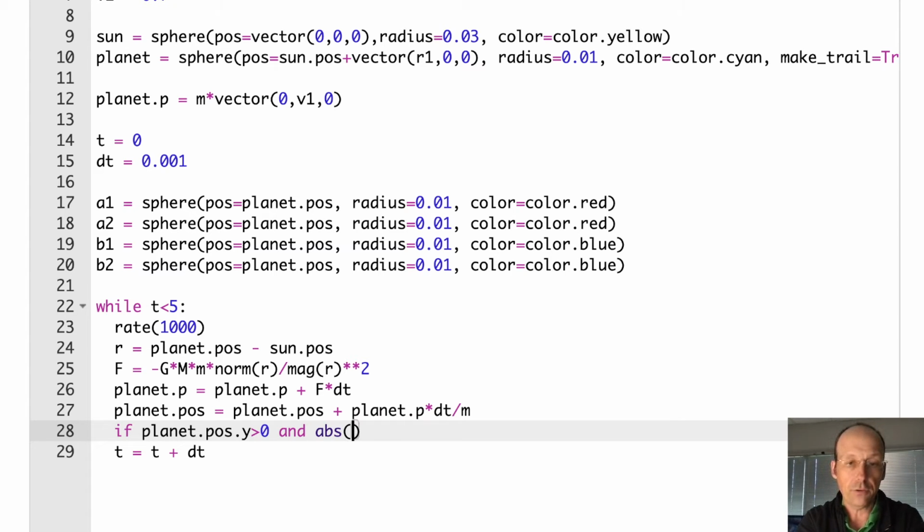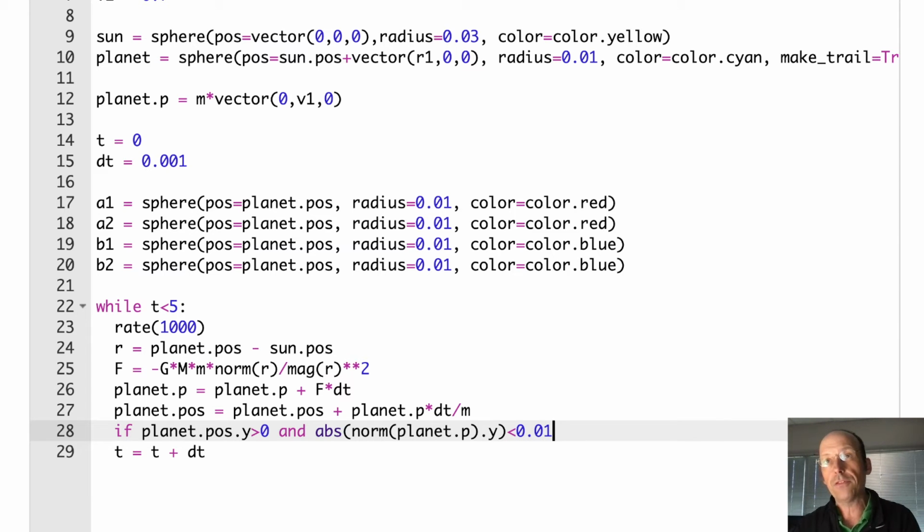ABS for absolute value, norm planet.p, that's going to give me the unit vector between -1 and 1, but then I'm going to say .y, so that's the y component. And ABS says, I don't care if it's going up or down, I just want it super small, because there's going to be a range over there. And let's just put this as less than 0.01.